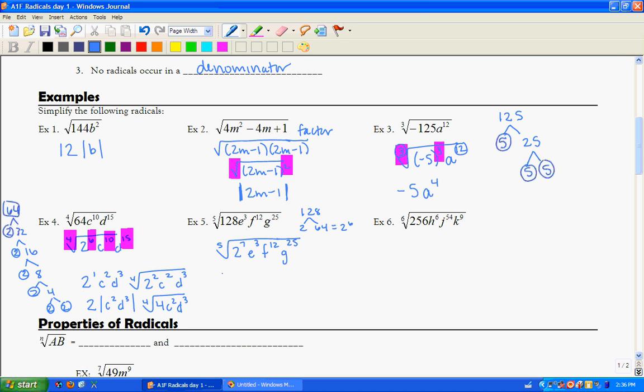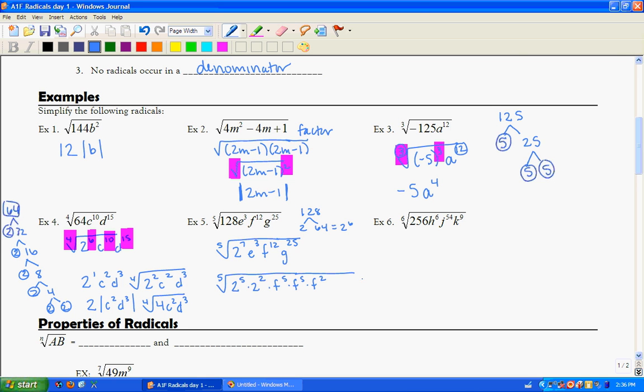So what we could do is rewrite the things underneath the radical. So 2 to the 7th, we could rewrite as 2 to the 5th times 2 squared. Remember that when you multiply, you add the exponents together. For f to the 12th, we could rewrite that as f to the 5th times f to the 5th times f squared.